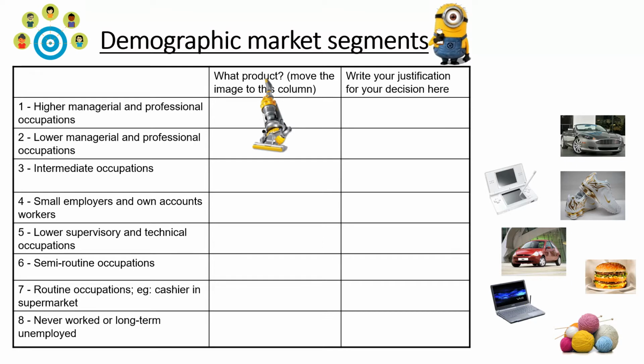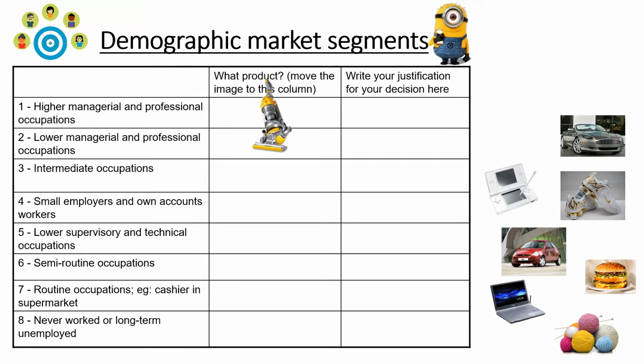And for those people who want one, they're also homeowners, because if you're in a higher managerial and professional occupation, you've got a house, so you need to hoover, different brand, you need to vacuum your carpet, so you're going to want something to do the job, and you can actually afford to purchase a Dyson vacuum cleaner, because those decisions are that they believe that is a brand that delivers higher quality.